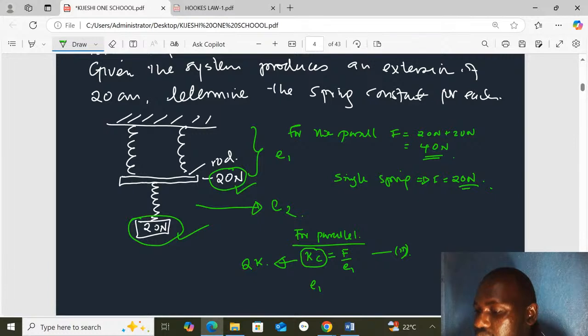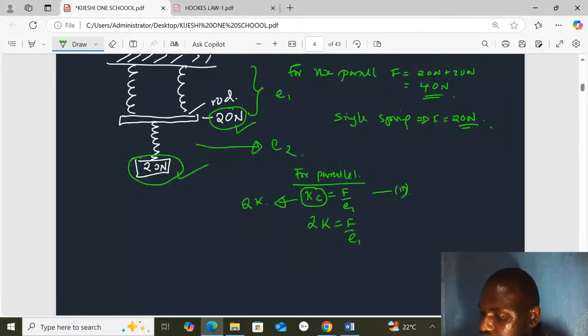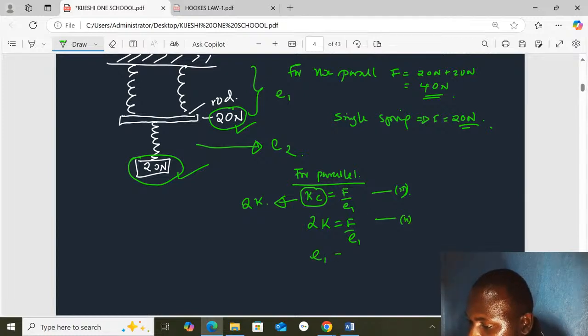So I think now I can make a second equation, which will be 2K is now the same as F over E1. Since we are talking of the effective extension for the parallel connection, which is E1, this becomes equation 2. E1 becoming the subject formula, it will be F over 2K. Can say equation 3.